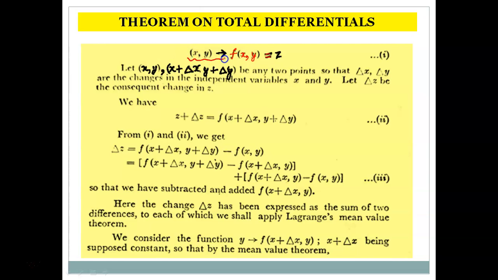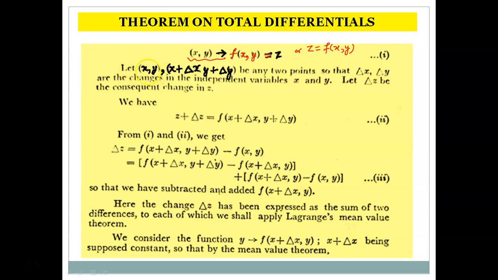This notation is written here in such a sense that when you take the image of (x, y) under f, that is equal to z. Otherwise, you can simply say that z is a function of two variables x and y.